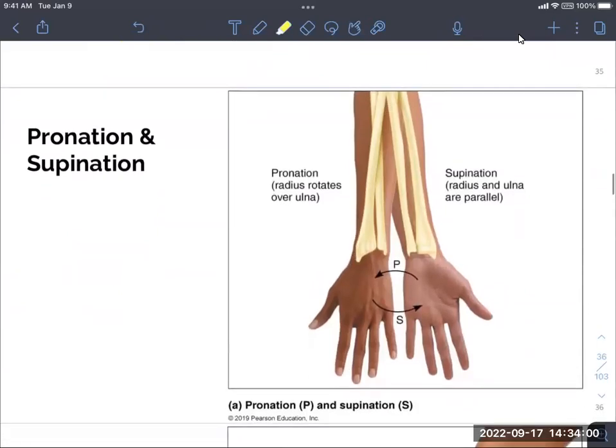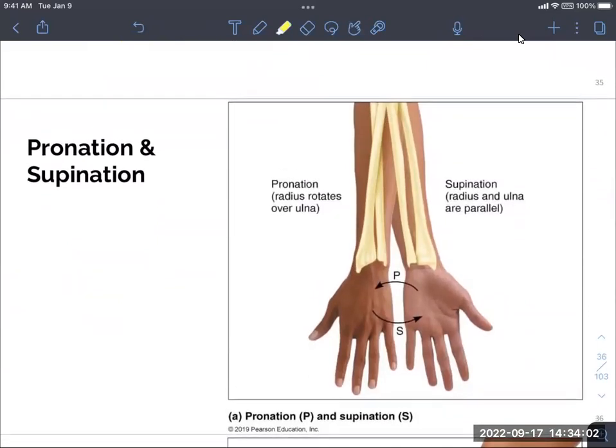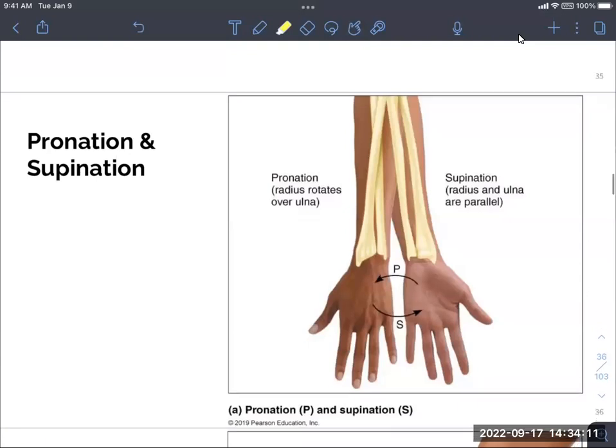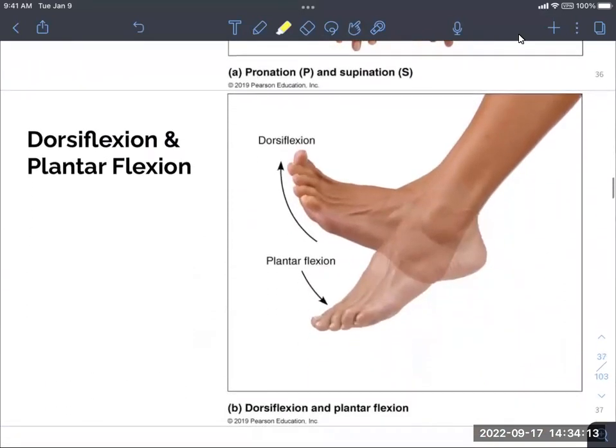So here's what you see when you do pronation and supination, how that radius actually rotates over the ulna. It's kind of cool to see on the skeletons in the lab because they do this. Dorsiflexion is flexing your toes up, and plantar flexion is pointing your toes down towards the floor.